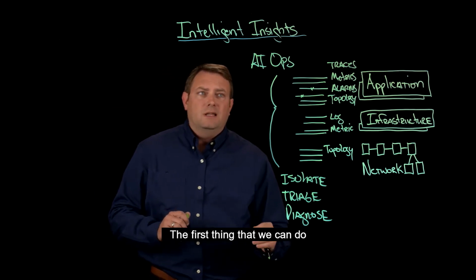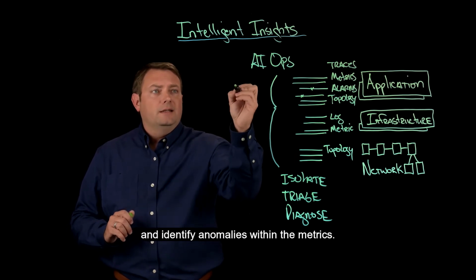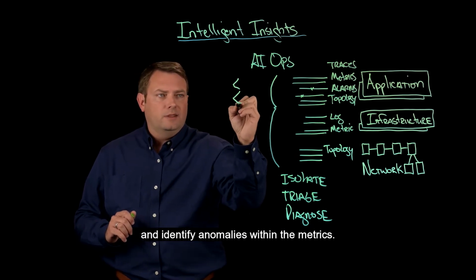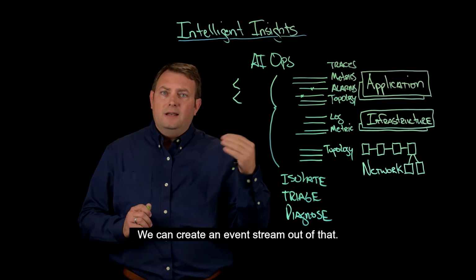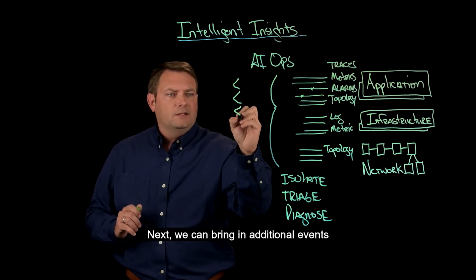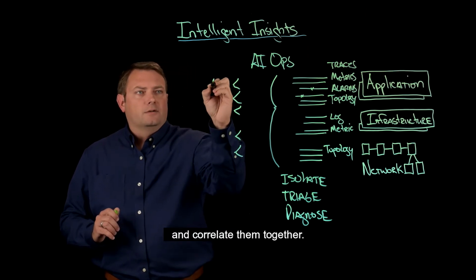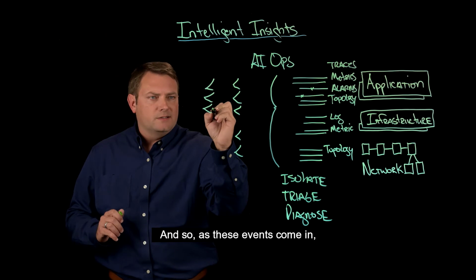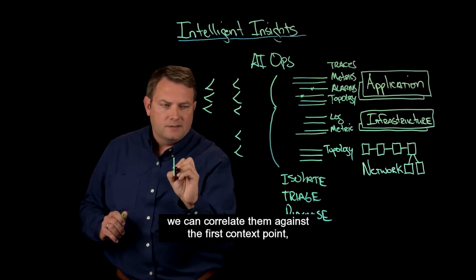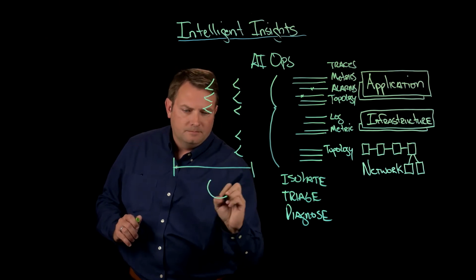The first thing that we can do is look at the metrics and identify anomalies within the metrics. And so we can create an event stream out of that. Next, we can bring in additional events and correlate them together. As these events come in, we can correlate them against the first context point, which is time.